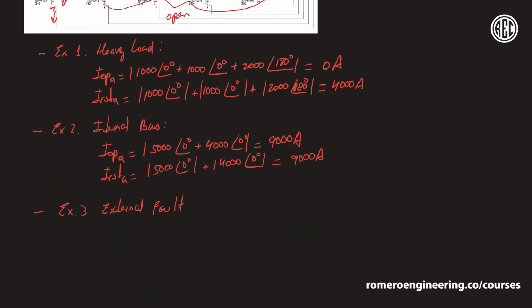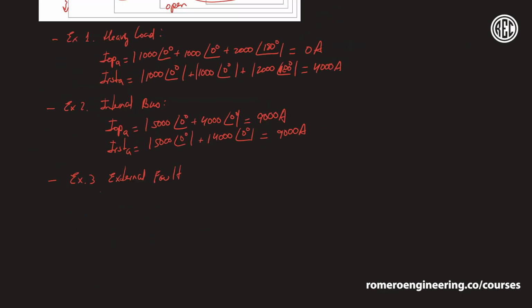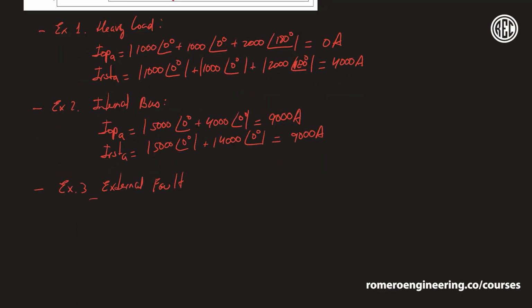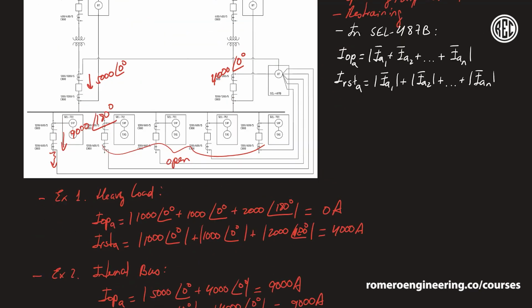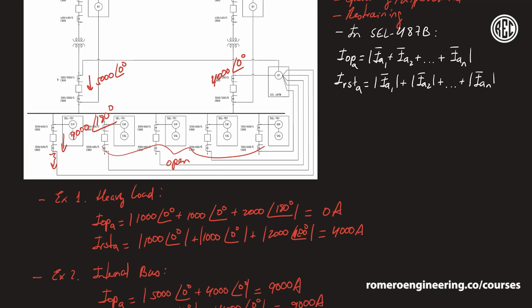So in this case, let's do the same thing. Let's recalculate the operating current. So we can see that the operating current, I_OP_A, is going to be, again, 5,000 amps at 0 degrees plus 4,000 amps at 0 degrees. But now plus the third input over here, which is 9,000 angle 180 degrees.